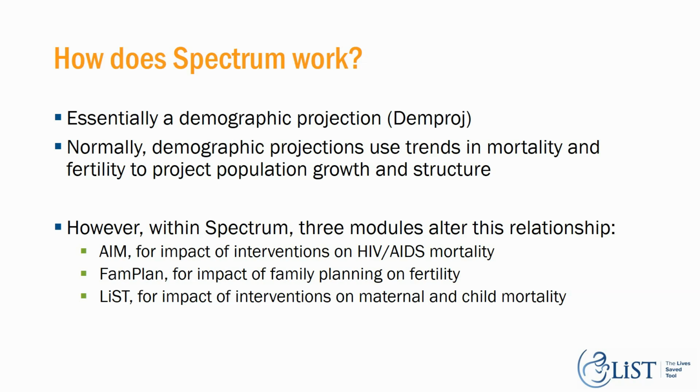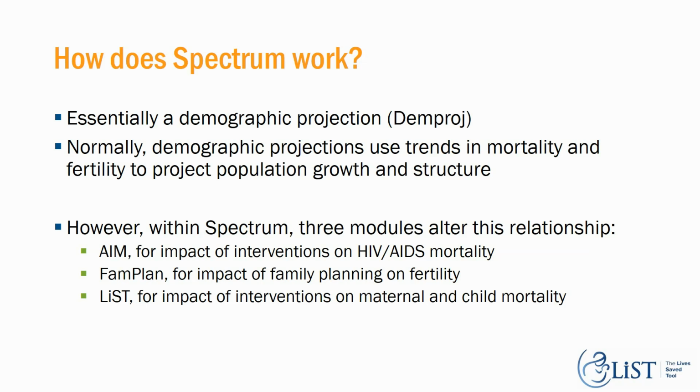And typically a demographic projection will just rely on trends in mortality and fertility and use that to project how the population will grow and what the population structure will be in the future. But in Spectrum, there are 3 additional modules that can alter this relationship. So we've got AIM, FamPlan, and LiST.